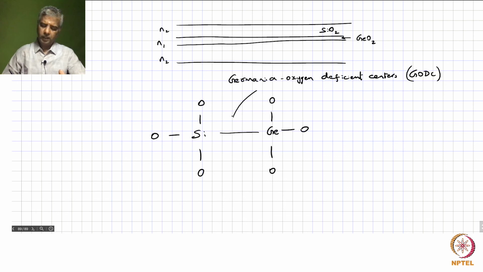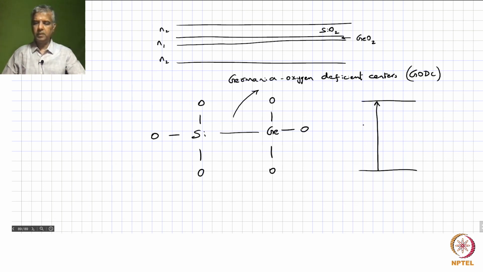This is what we call a germanium oxygen deficient center. There should be an oxygen atom here, but it's deficient of oxygen, and so that is what we call a GODC.